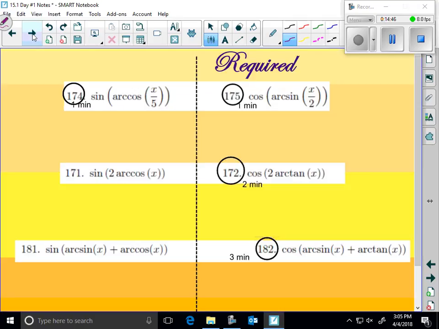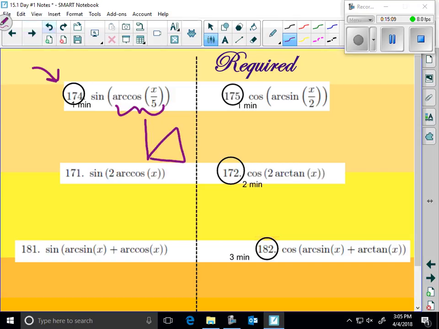Let's go ahead and do number 174 right here. Okay, so here I've got myself a general case. I'm going to draw this general case in the first quadrant where the cosine is x over 5. That means that the hypotenuse is 5, and 5 squared is 25.